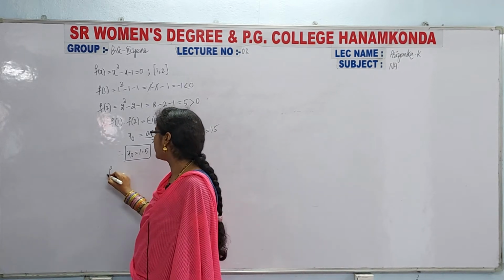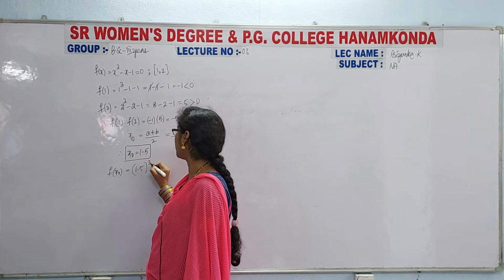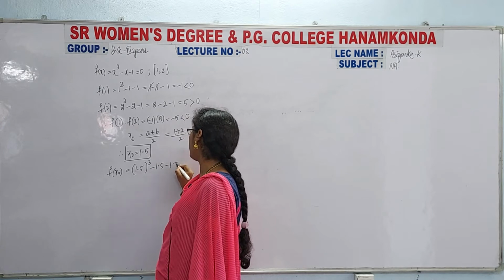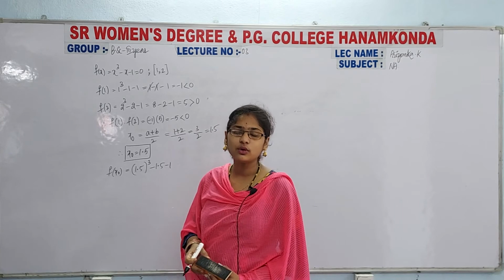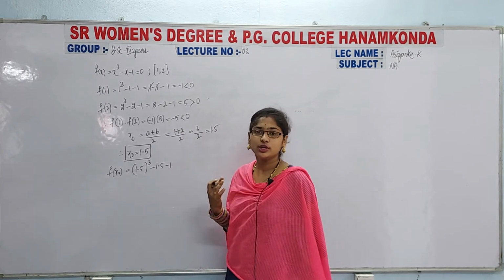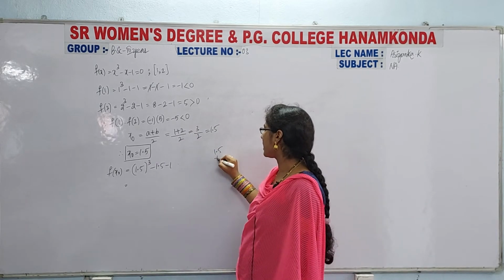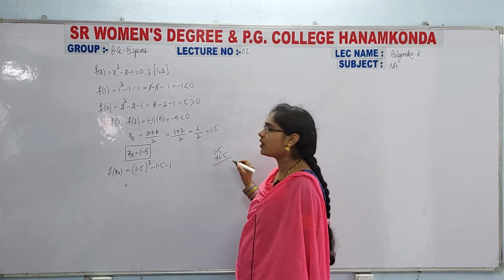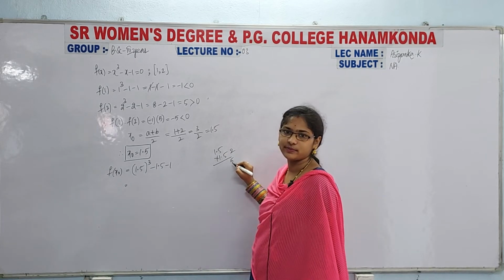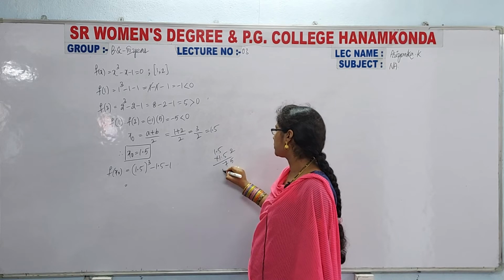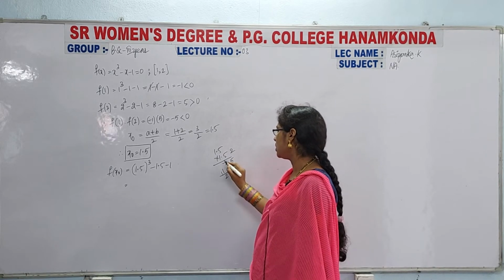Next we have to calculate f of x naught, that means 1.5 whole cube minus 1.5 minus 1. Already I said that to solve these problems we use the calculator. Now 1.5 whole cube, without calculator, I am doing 1.5 into 1.5: 5 5s are 25, 5 1s are 5, and so on.